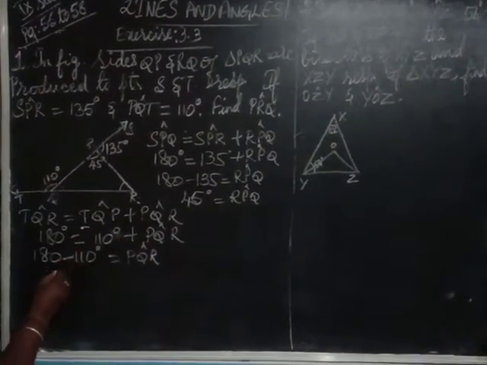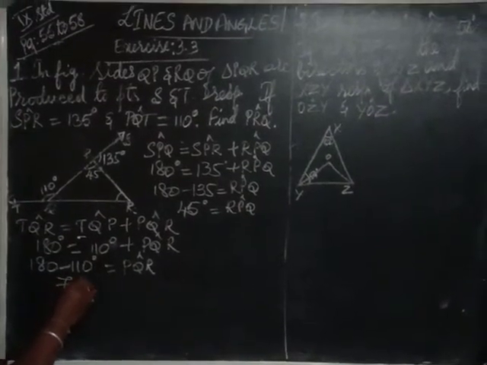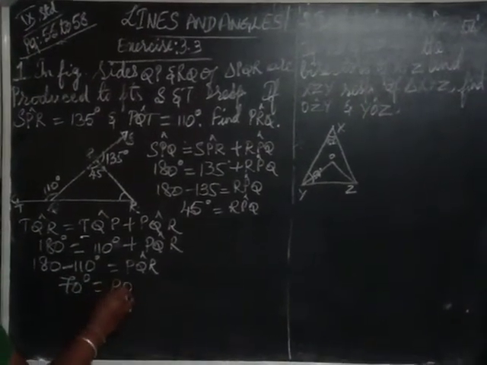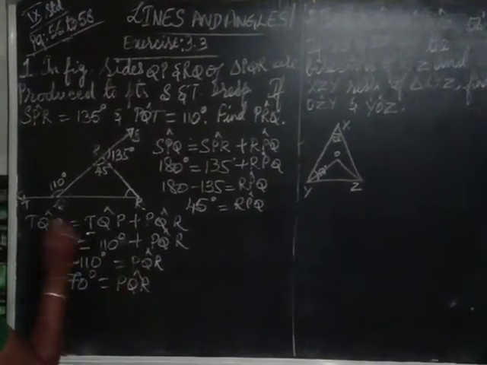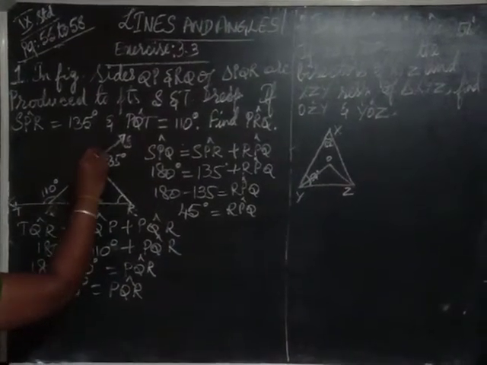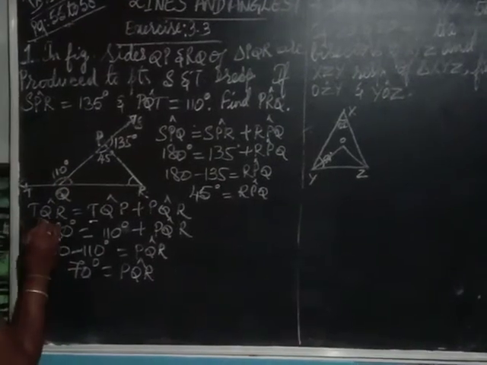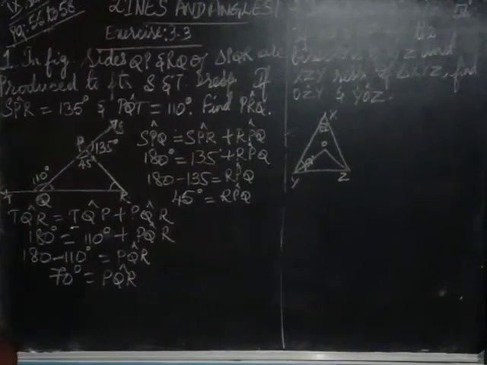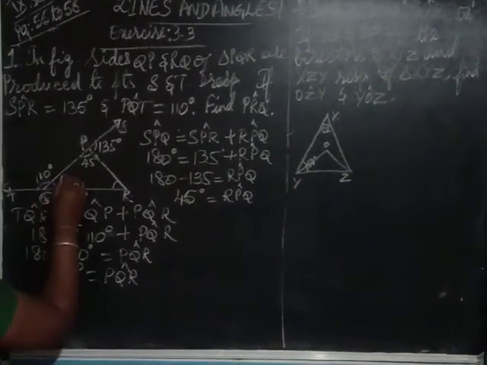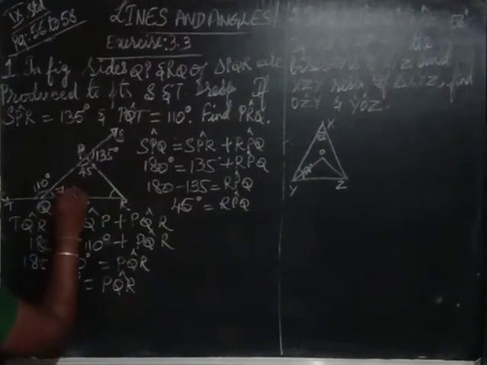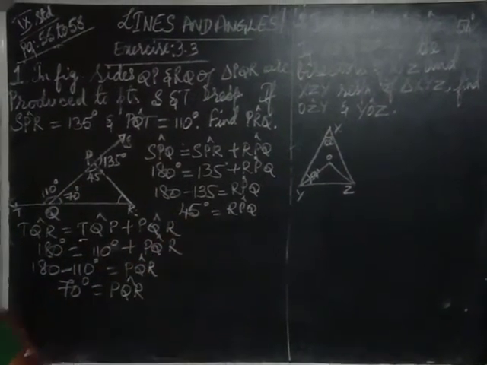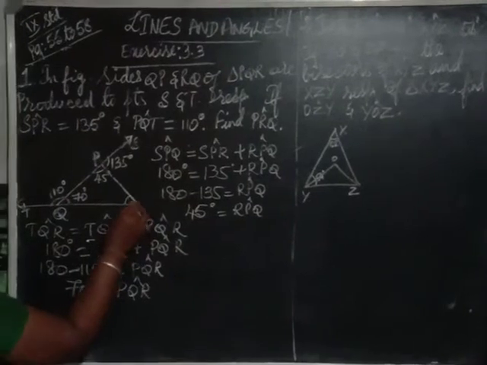Now how much do you get here? 70 degree. PQR is equal to 70 degree. Children, now here this is a triangle PQR. We got this angle 70 degree, and this we got 45 degree. Now we have to find out this angle PRQ.